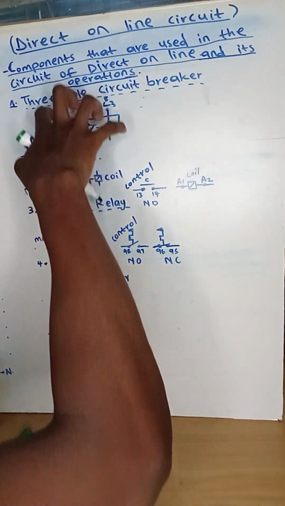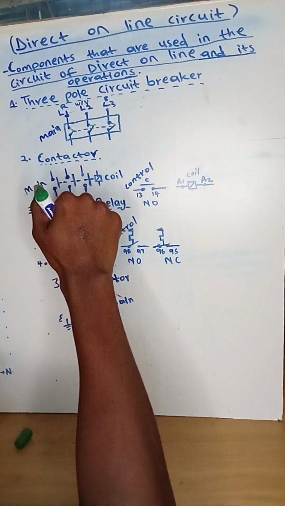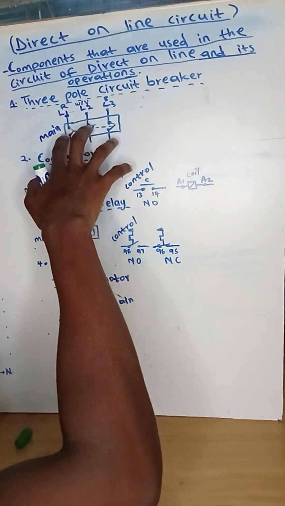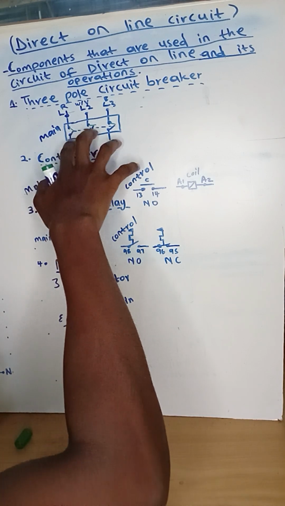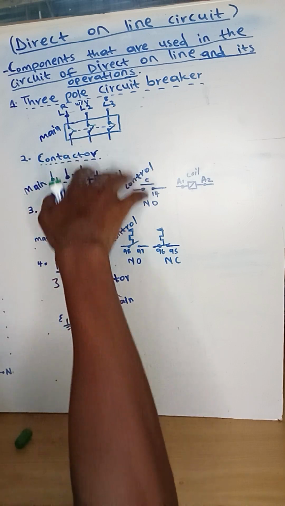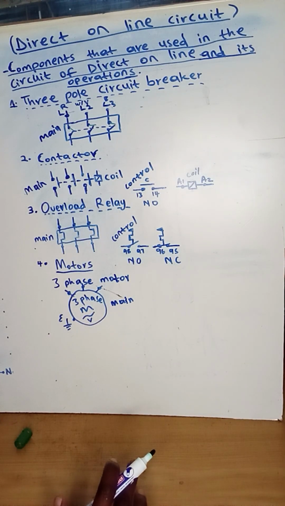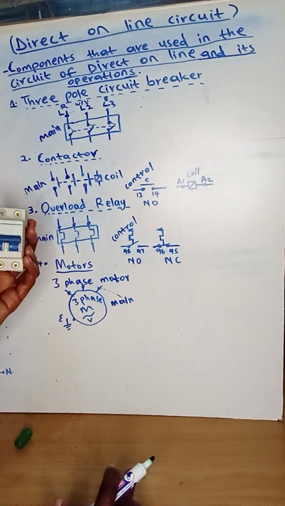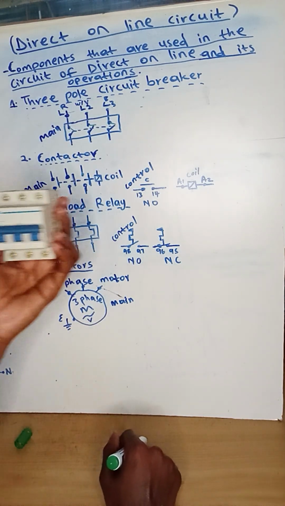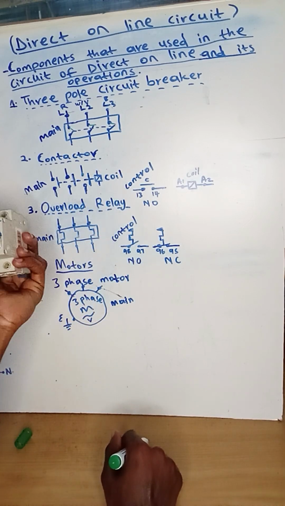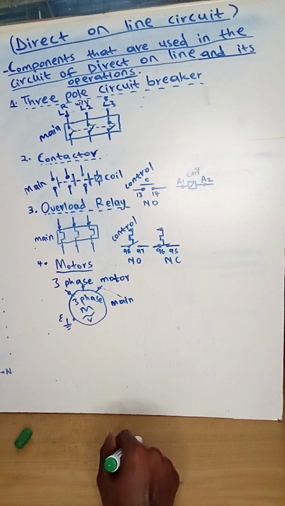So the current coming from those 3 wires will go down and find the contact close, which means current will flow all the way down to the bottom 3 wires, which is live 1, live 2, live 3. So that's all about the 3-pole circuit breaker and how it operates, when it's off and when it's on.